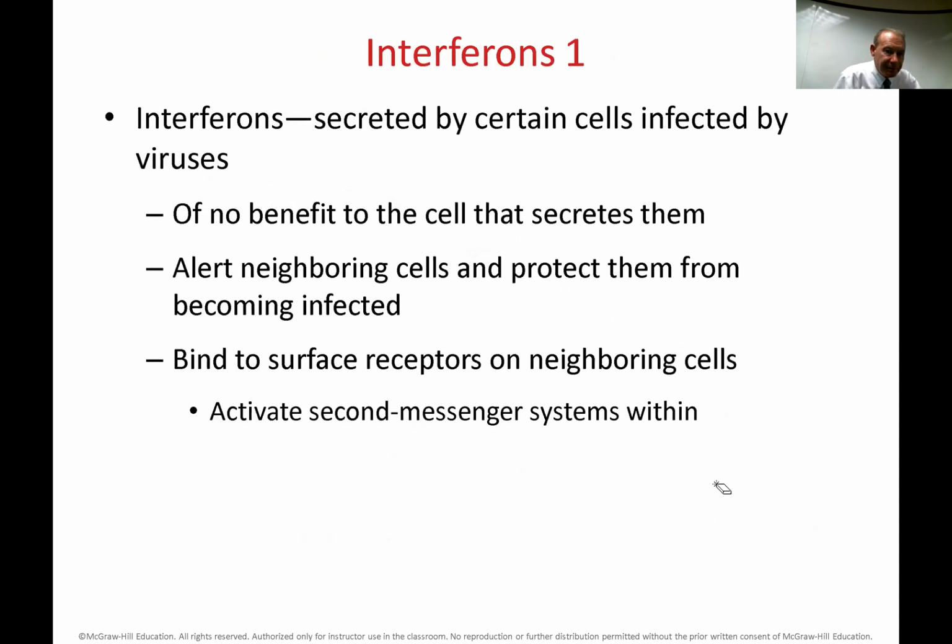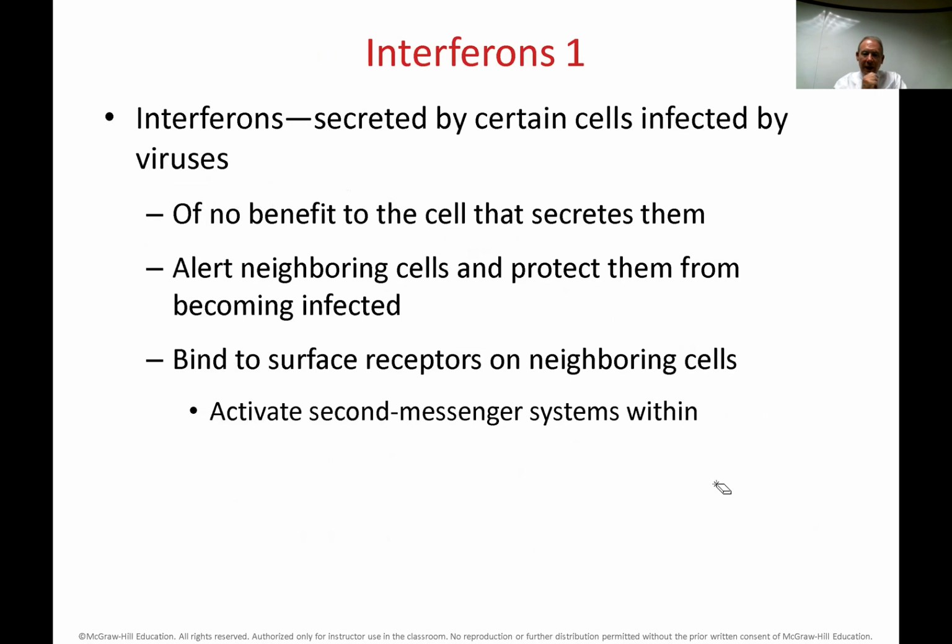Interferons. Cells that are infected by a virus, if we're lucky, and we usually are, will secrete these chemicals called interferons. The cell that's infected, these interferons don't help them at all. They don't help with that cell's infection, but they can help neighboring cells from getting infected.